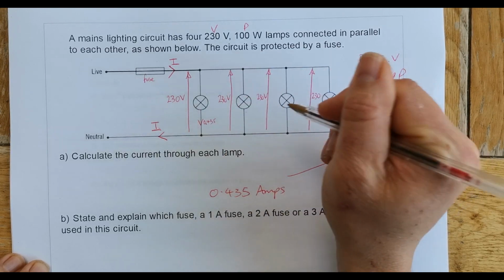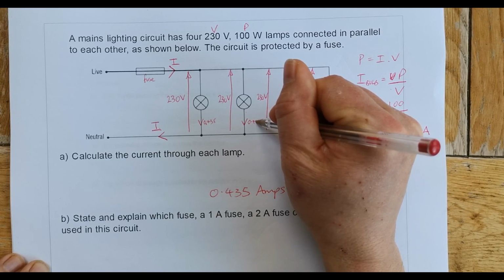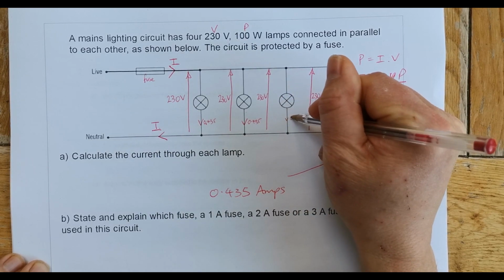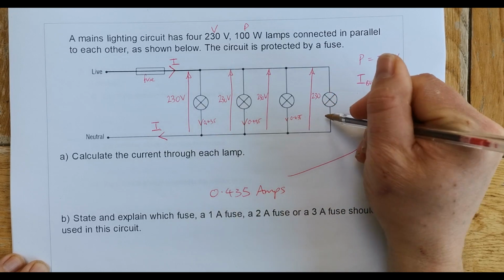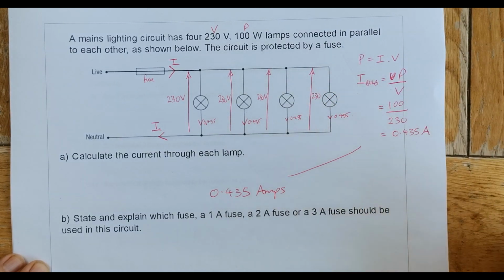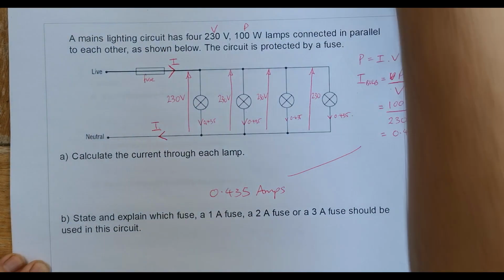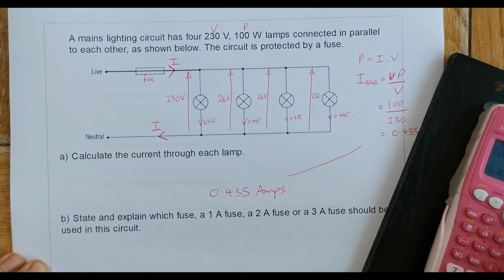0.435 amps here, another 0.435 amps here, another 0.435 amps here, and another 0.435 amps here. So my current in this main circuit is going to be 4 times that.